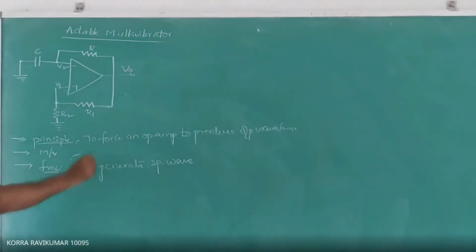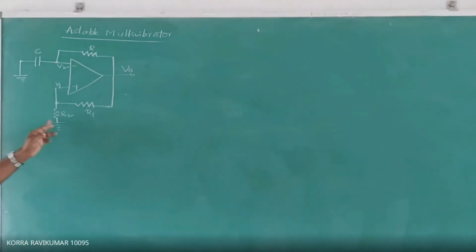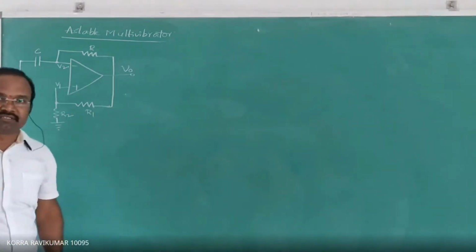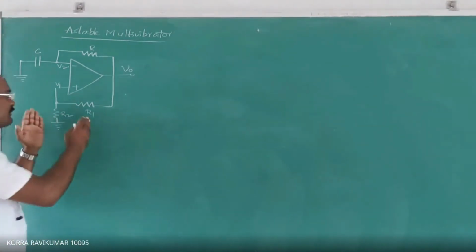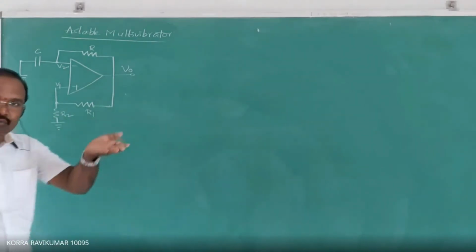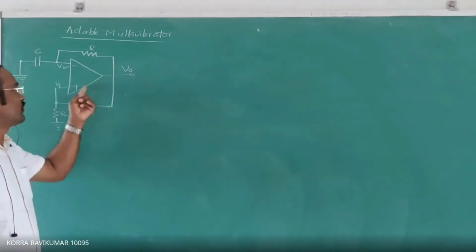And we know the definition of multivibrator. These two resistors are called voltage divider resistors. The main purpose of these two resistors is to improve the gain of this op amp.